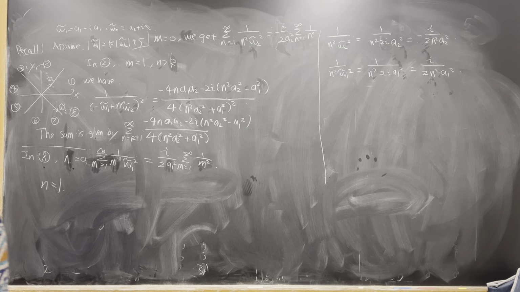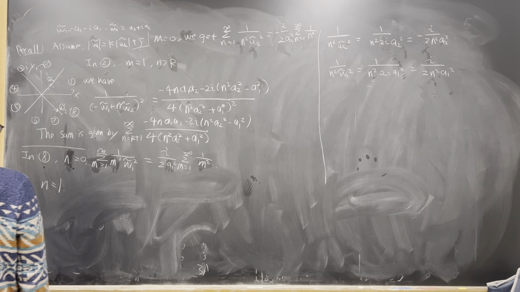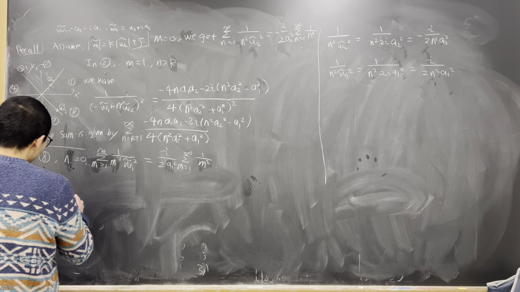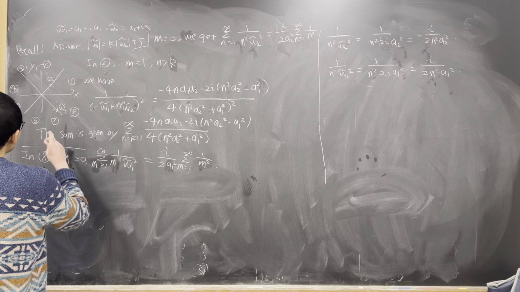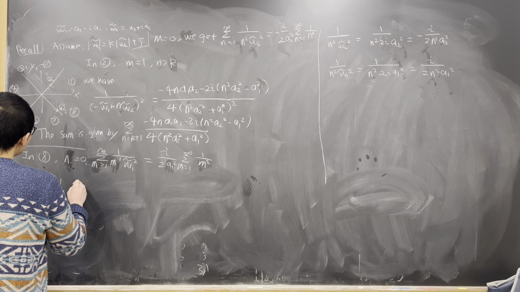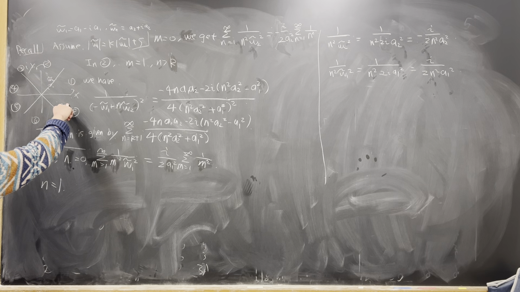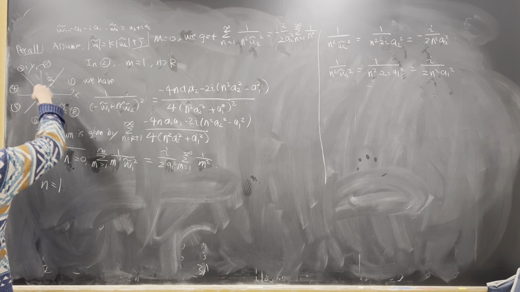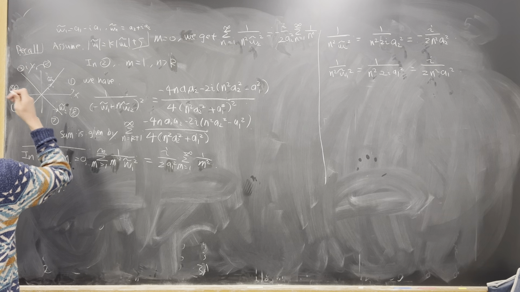I think for n equal to 1, there's no problem because this m, when n equal to 1, right? So we have that the first starting one, the first starting one is already bigger than this.